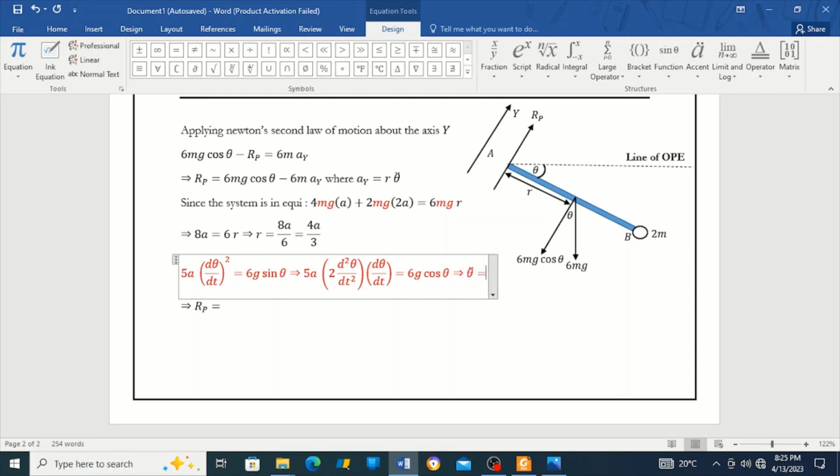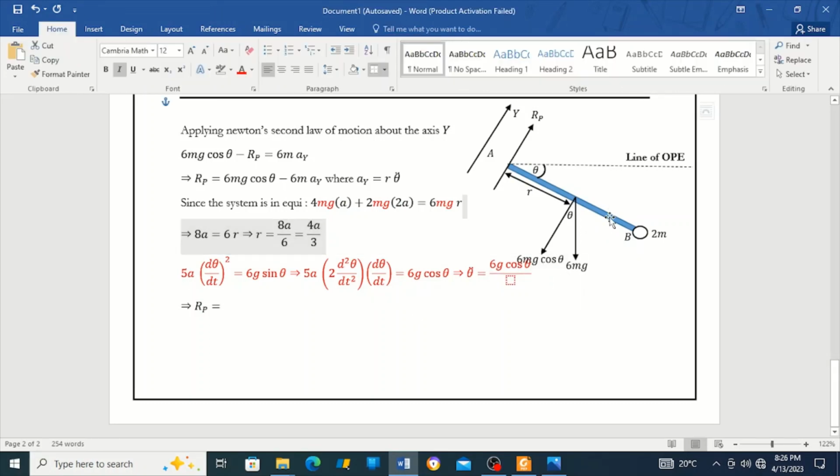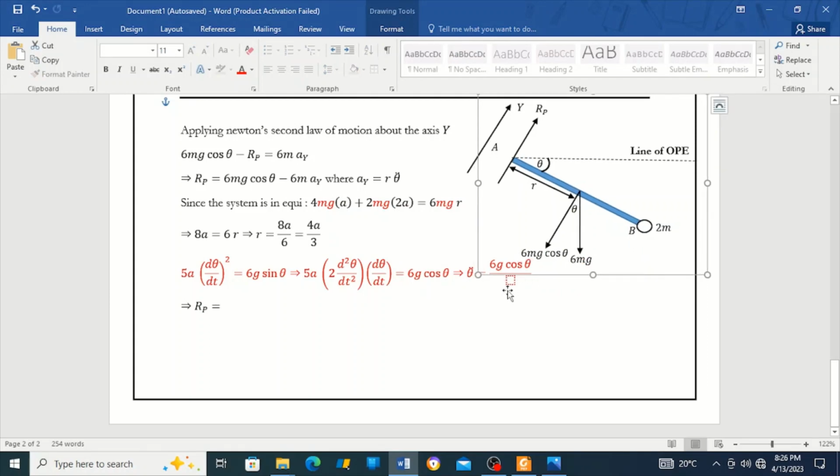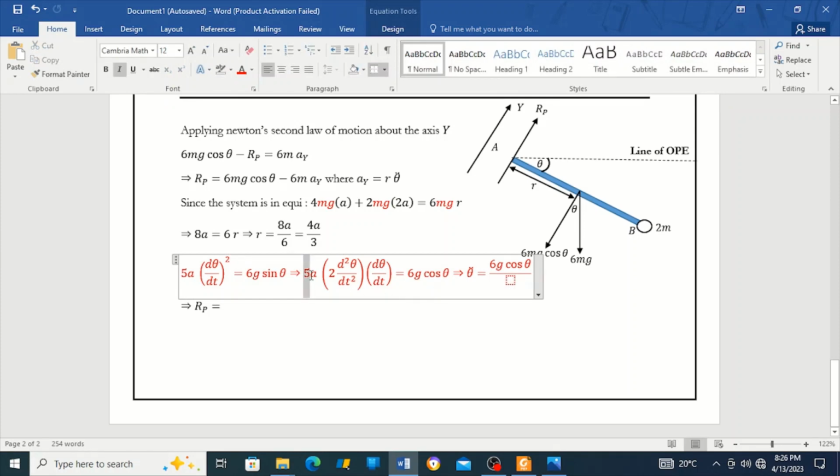Theta dot dot is equal to 6g cos theta divided by, let us see what we have, 5a, and also divided by 2, and we also divided by theta by dt. So we have divided by 10a times theta dot. That's what we have.